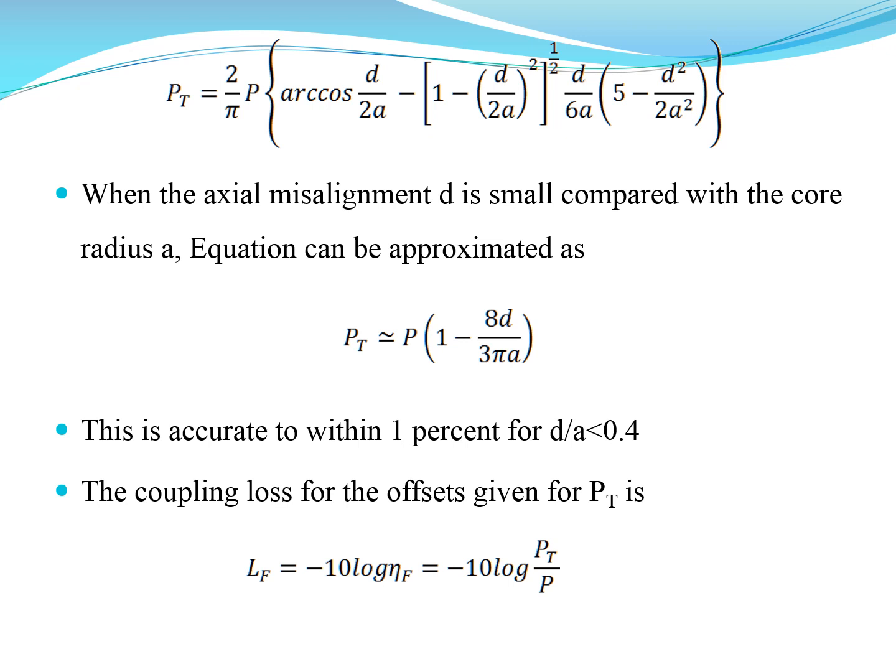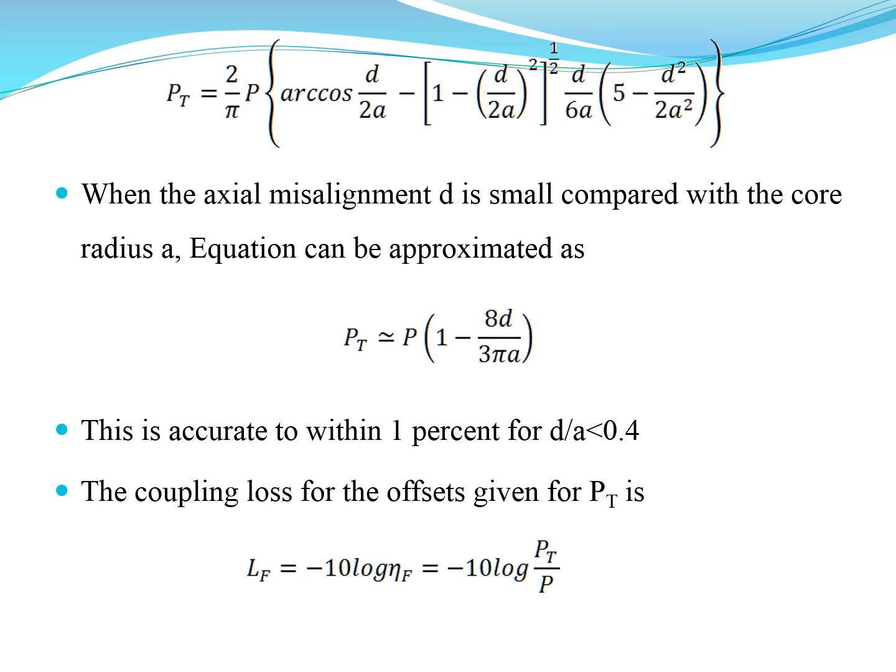And this is accurate within 1% for D by A less than 0.4. It means D is less than 0.4 times A. In such case, I can use this formula to find the total power due to the mechanical misalignment in fiber, which is axial type. So that is D is less than 0.4 A.